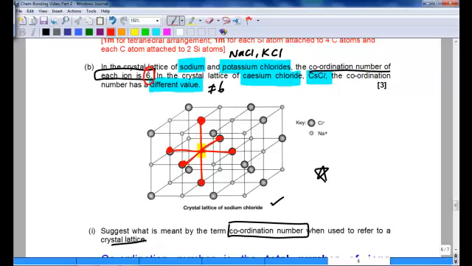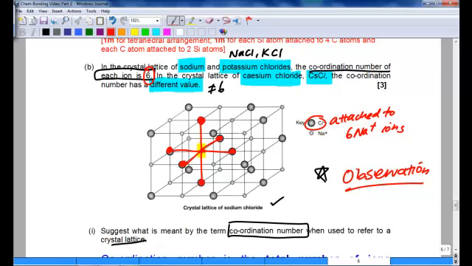If you try it out for Cl-, you will notice that it is attached to 6 Na+ ions as well. Based on this observation, can you deduce what your coordination number is? You need to be able to do such observations and deductions on your own. The thinking process is important.